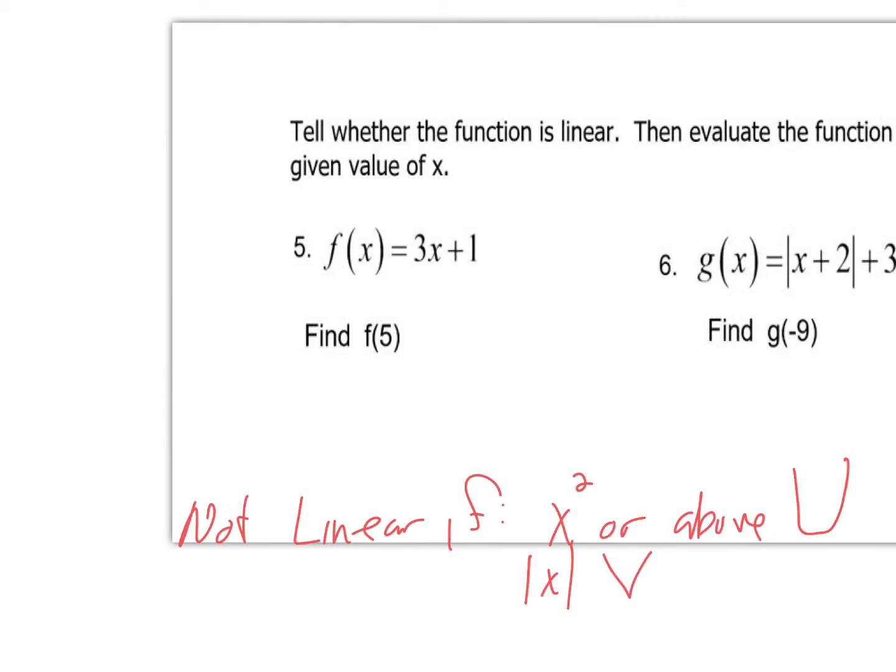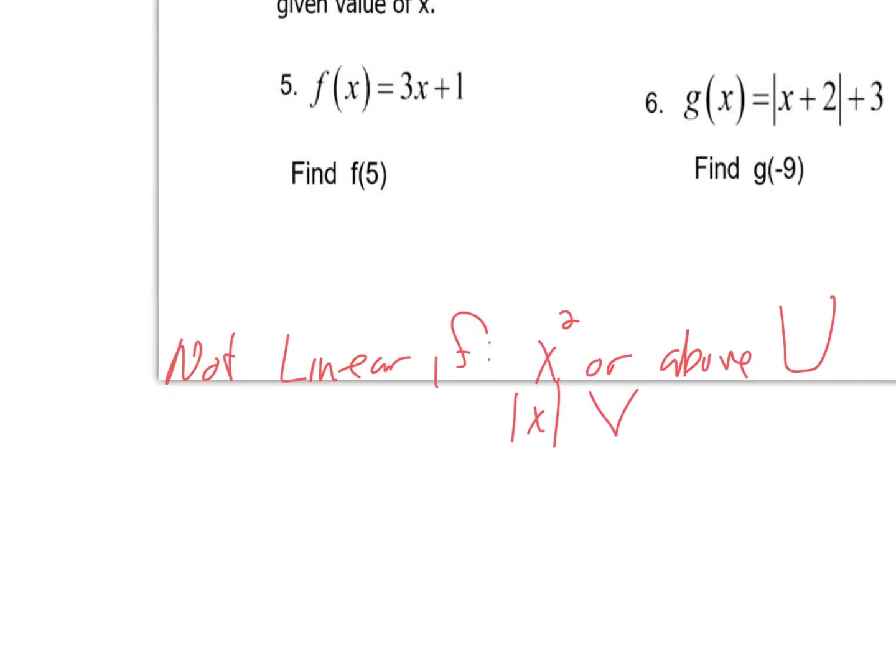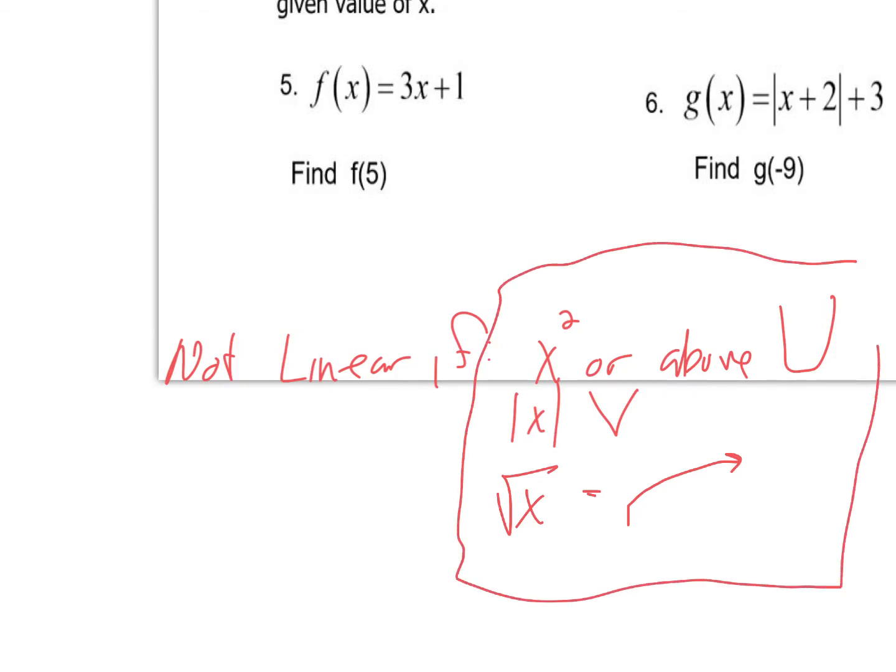If you have radicals, that gives you a graph that looks like this. You're looking for these things right here. If you have any of these three things, it is not a linear function.